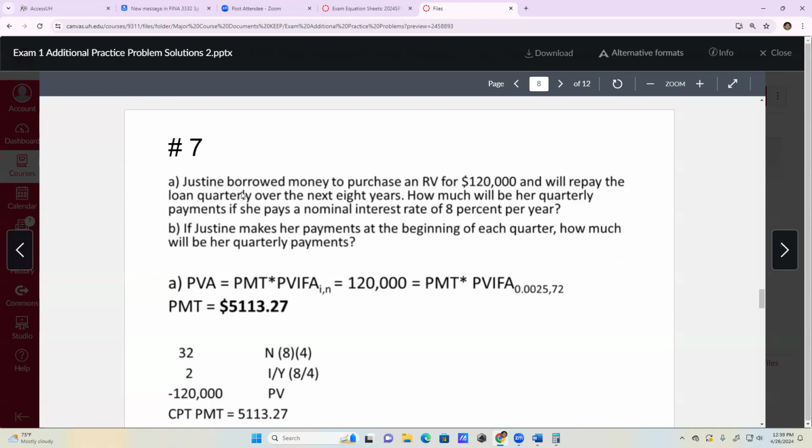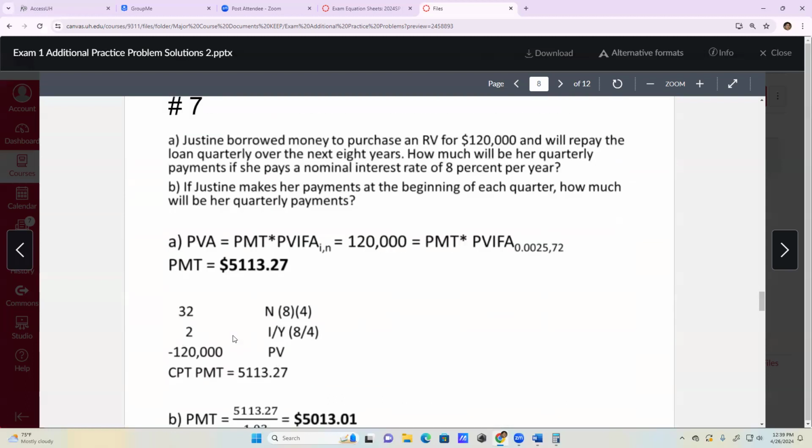Right here, it says quarterly. When it says quarterly, you have to remember that the interest rate, the I/Y, you have to divide by 4. So you see right here, the 8 divided by 4. And what else do you have to adjust? How many years does it take to repay? 8 years, right?